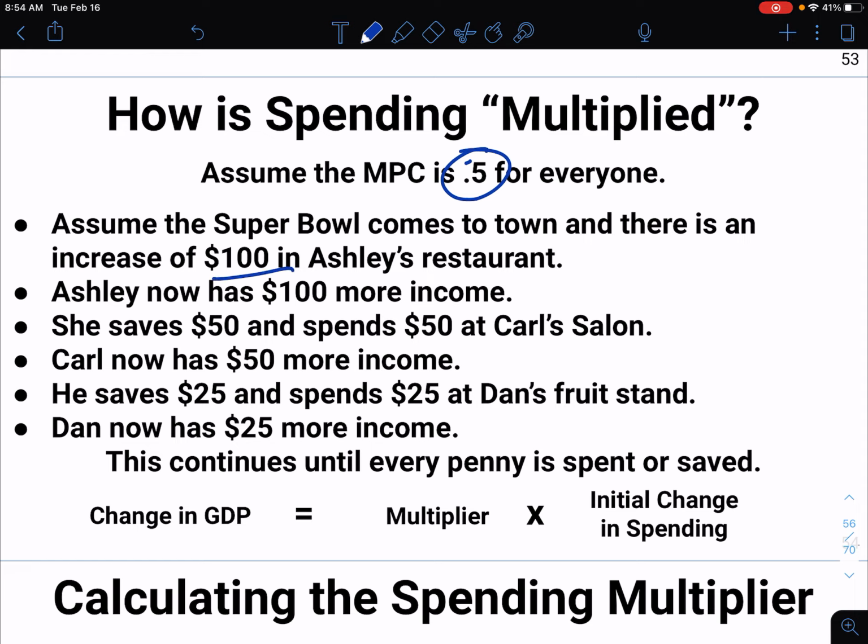So the first $100 becomes $50 in the second round, which becomes $25, which becomes $12.50, which becomes $6.25, which becomes $3.13, etc. So we could do infinity iterations of that because we know that it's getting half as big every time. But sort of like taking a step toward a wall where every step is half as big as the previous one, you will never touch the wall. So we're not going to do it that way.